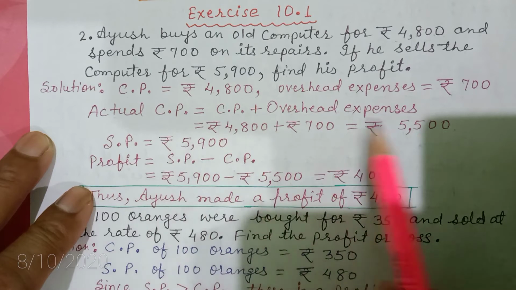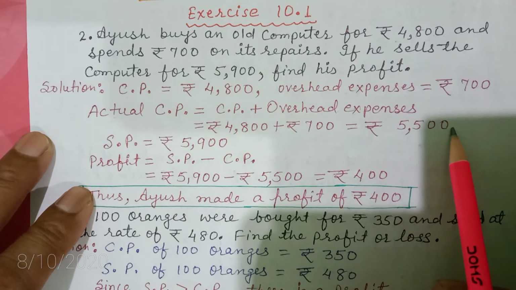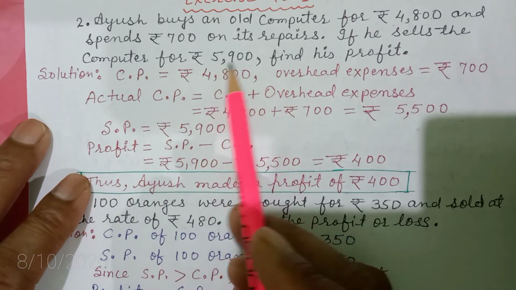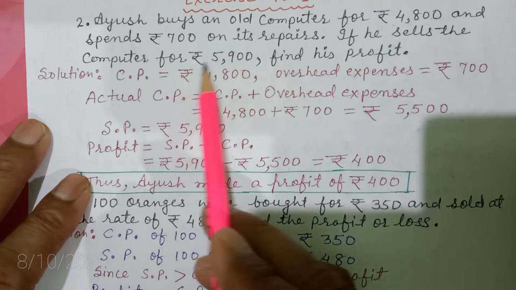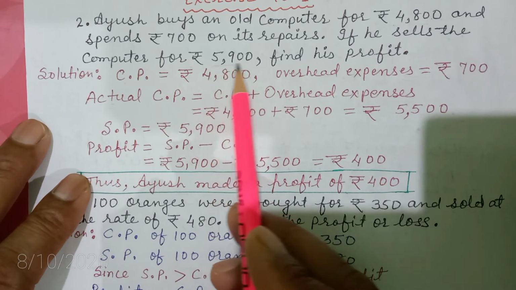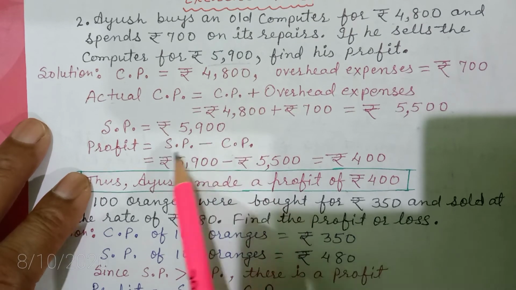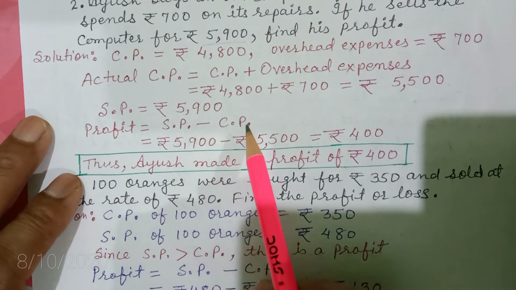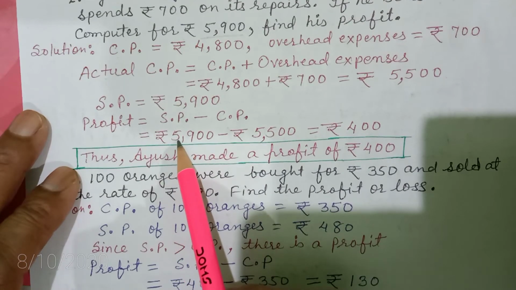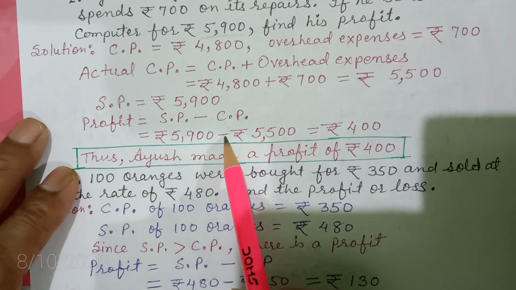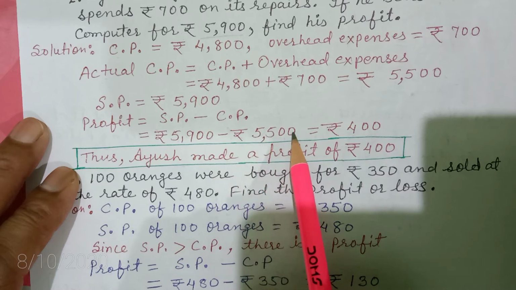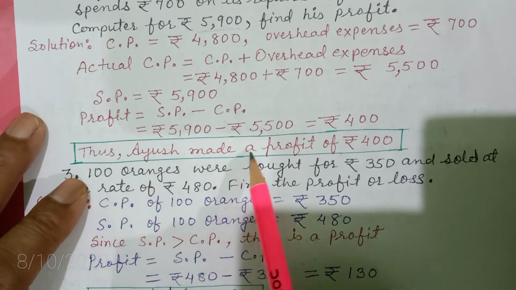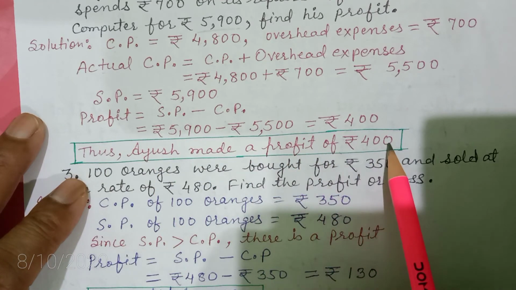Now actual CP equal to ₹5,500 and SP equal to ₹5,900, because he sells the computer for ₹5,900. Therefore profit equal to SP minus CP equal to ₹5,900 minus ₹5,500 equal to ₹400. Thus Ayush made a profit of ₹400.